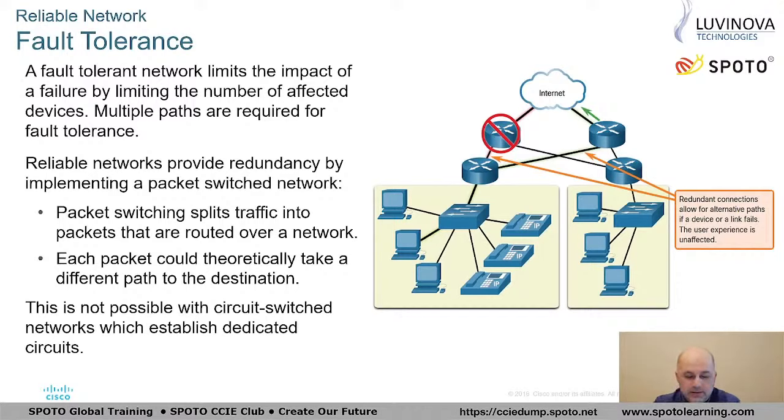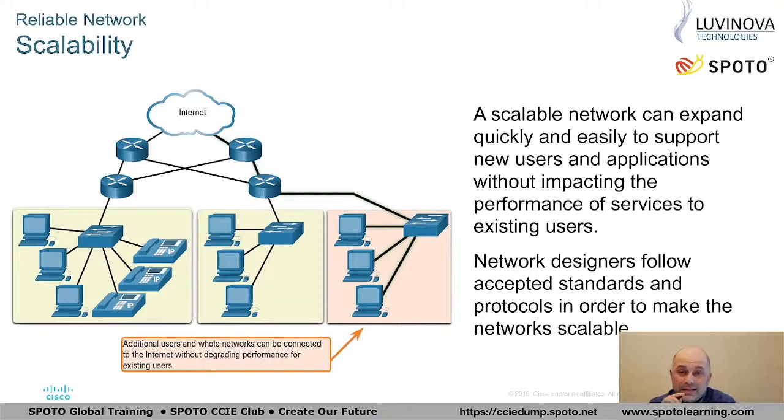Scalability is another feature that we must have in our network. Why? Imagine that you're a company preparing your devices. You order 1,000 computers and all the network equipment. But in the future, after one or two years, you see that your clients triple, meaning three times more.